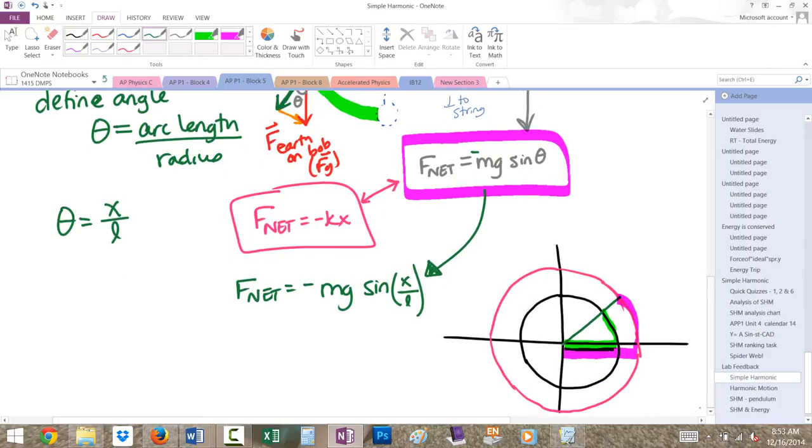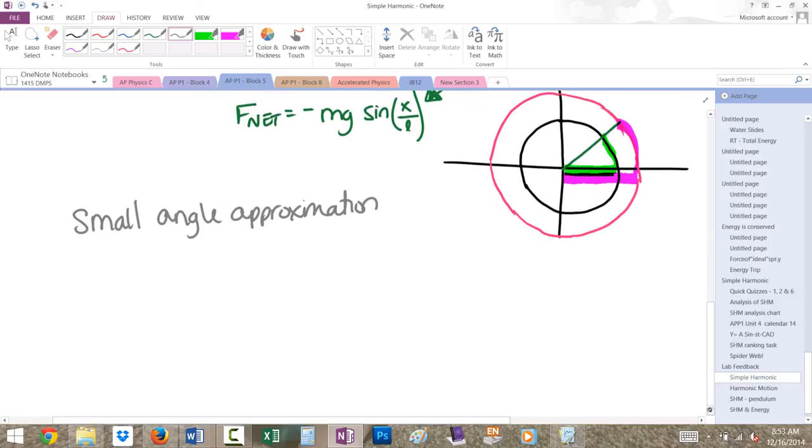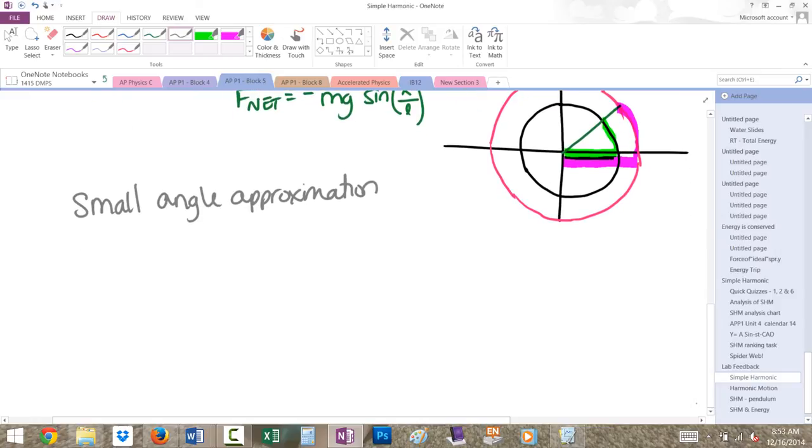This is the part that my math friends get mad at. Not really, they're just in disbelief. There's this thing that we call small angle approximation. Here's my claim. You need to test it.